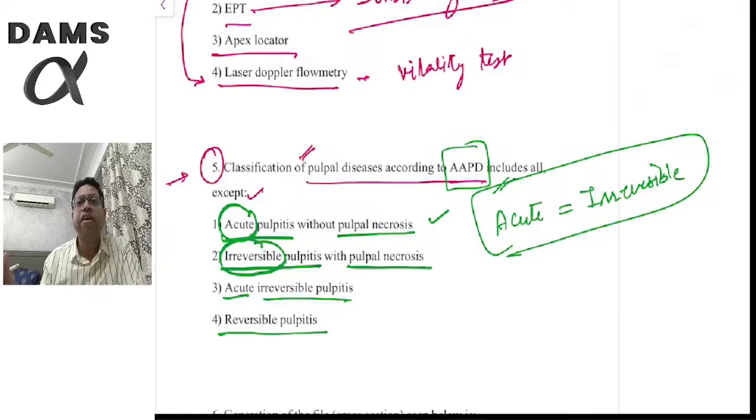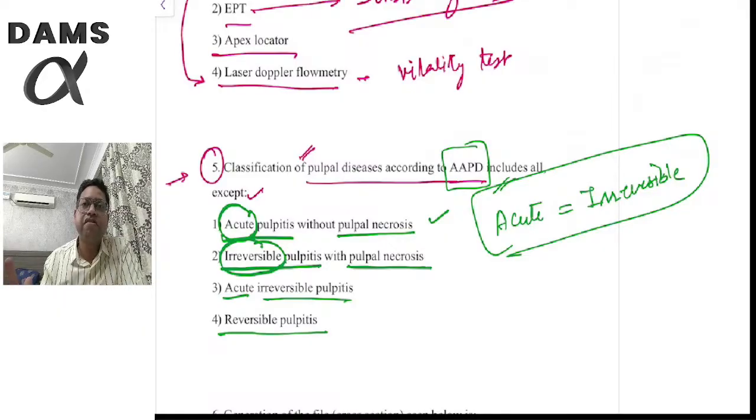Remember that. In modern endodontic terminology, acute is used interchangeably with irreversible. So options A and B use the terms acute and irreversible respectively, and they signify the same clinical condition, irreversible pulpitis, but it can be with or without pulpal necrosis. So both options A and B are correct.